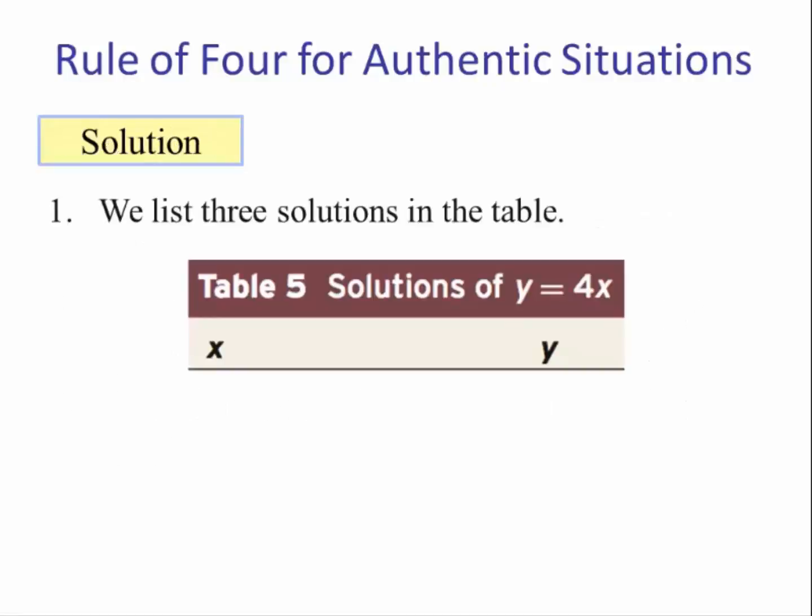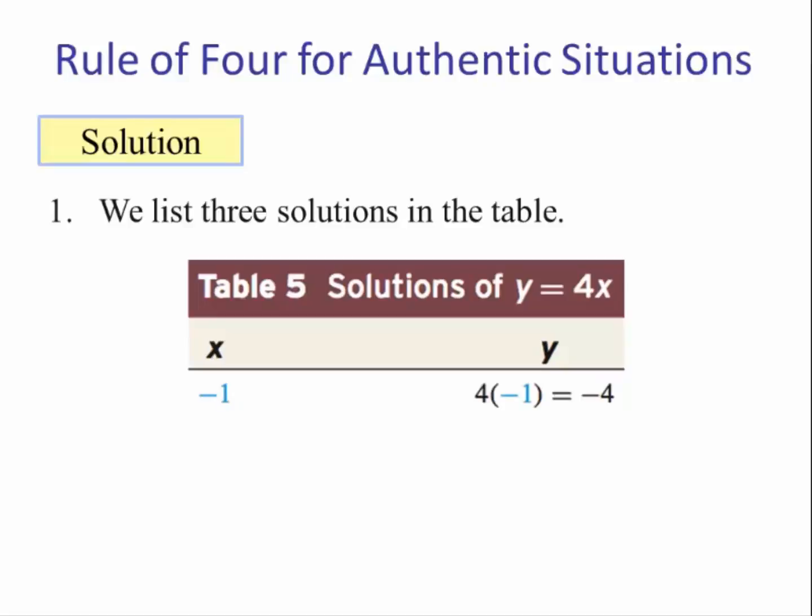Solution. So just like in the previous video, we are going to make a table. We're going to pick values of the independent variable x, substitute them into the equation to find the values of the dependent variable y.